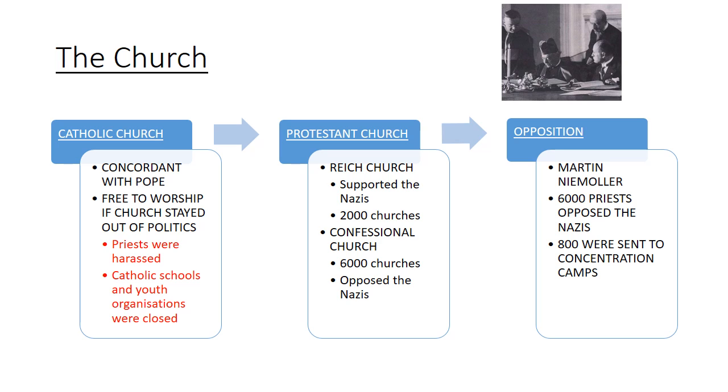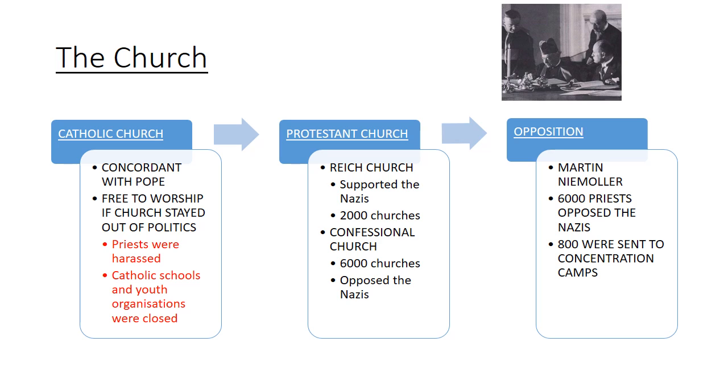The Protestant faith was obviously the biggest faith in Germany. Martin Luther going all the way back established the Protestant church. So what the Nazis did here, which I think was pretty amazing, they set up their new church and they called it the Reich Church. And about 2,000 priests and churches were set up, and they supported the Nazis, and they had like swastikas over the altar and all this kind of stuff. In opposition to this, there was another church called the Confessional Church, which is the majority of churches, about 6,000.